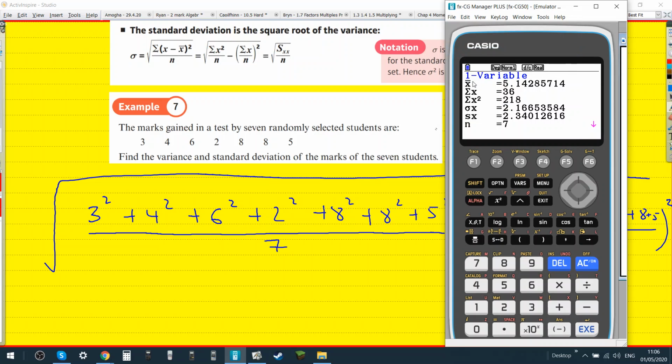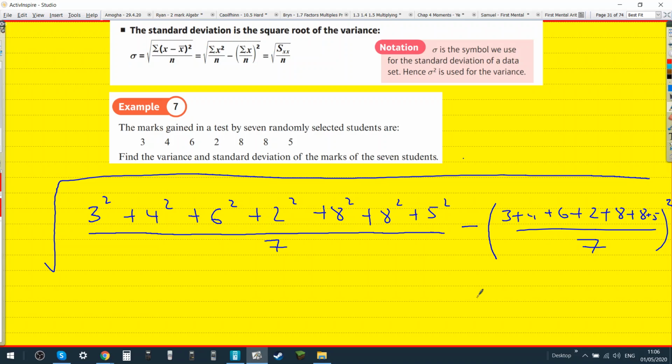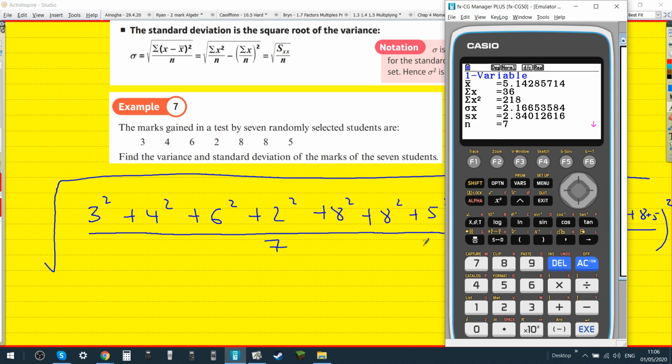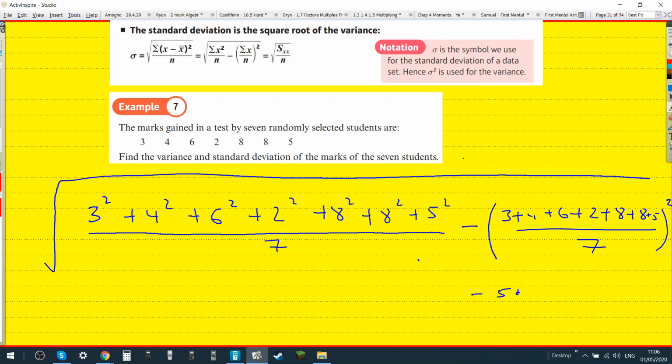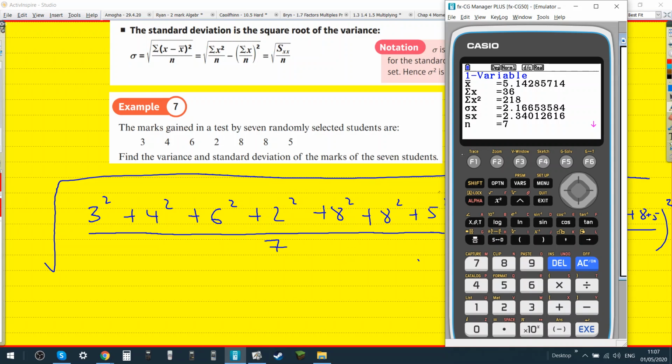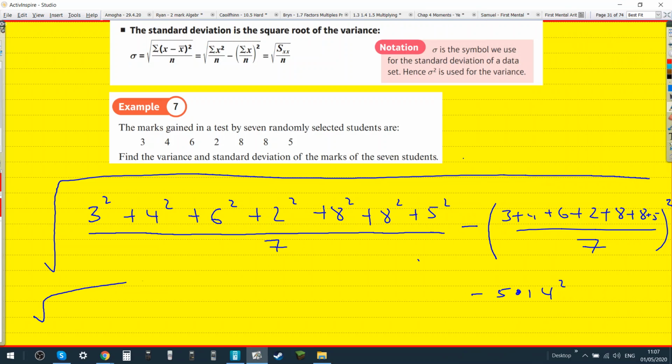Okay. So it tells us the average, which is x bar. So that was this one here, minus 5.14 squared. It tells us sigma x, so that's what you get when you add up all the x's. That's helpful for finding the mean. It tells us sigma x squared, 218. So that would be the top bit, 218, over 7.